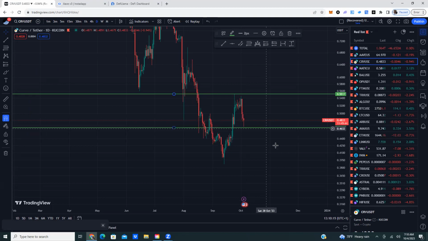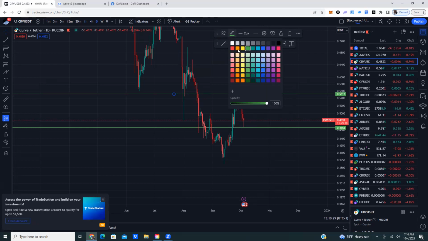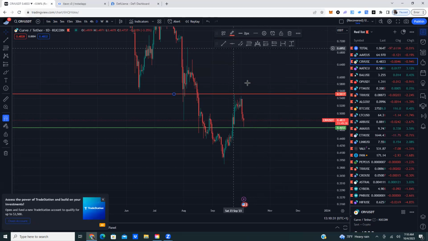All you need to know is which way the asset is moving. Let me change that color: resistance to red, and support to green.